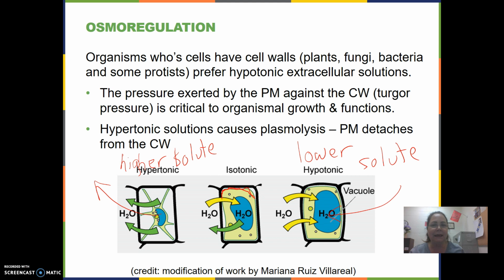So what we say is that in a hypotonic solution, the plant cell develops turgor pressure. And that's what we see when you water a plant and then the plant kind of stands up straight and tall and pretty and healthy looking. But if you water a plant with salty water, it's going to cause plasmolysis. And what we see is the plant wilting.